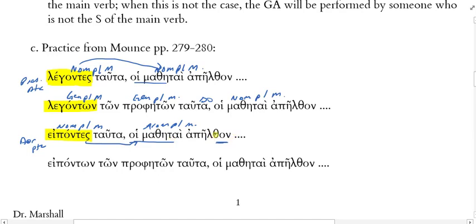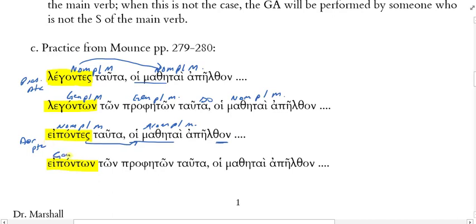Okay? Now, the fourth example, repeat after me. Eipontōn tōn prophētōn tauta hoi mathetai apelthan. Almost the identical expression as the prior one, but what case is eipontōn?